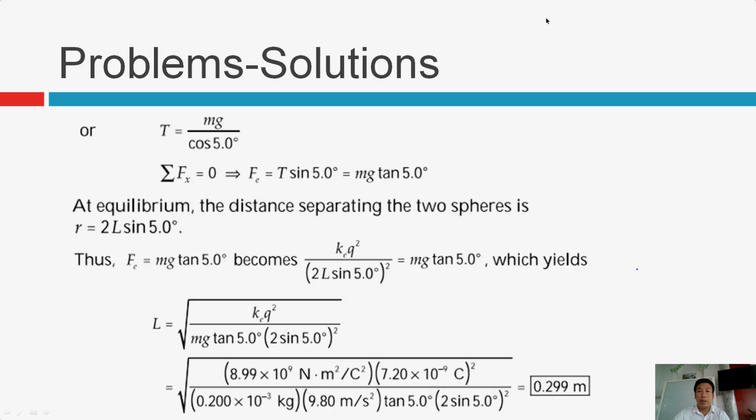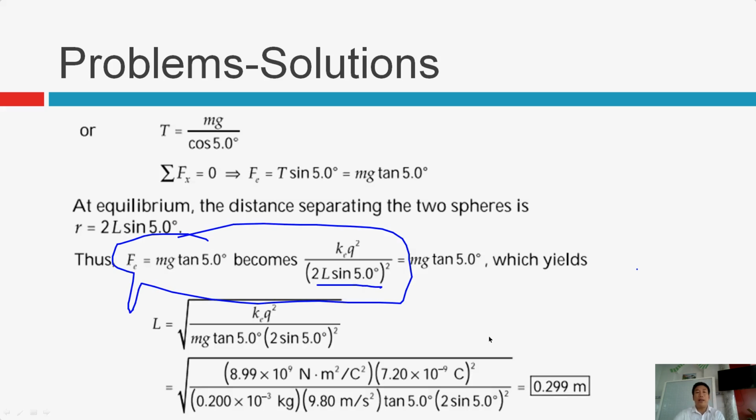Okay, you just substitute R into your formula here. But we have this is R squared, right? And after you solve here, you obtain L.